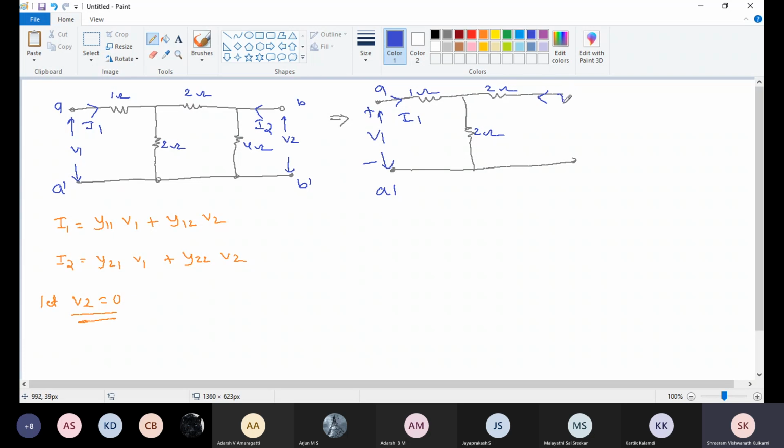I2 will flow like this, from B to B dash.